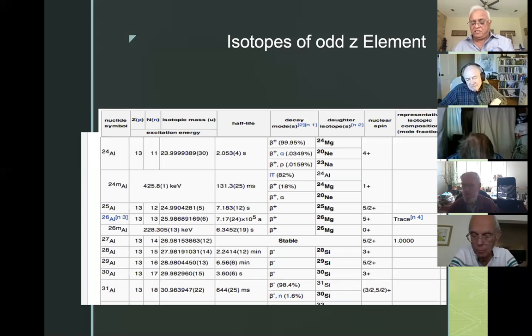And the reason for that is simple. If we just visualize the state of matter at the time of the Big Bang, it was nothing but a huge blob of whatever the material was, and mostly it should be neutrons.